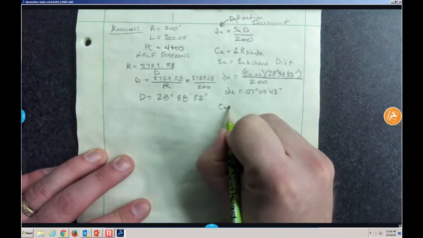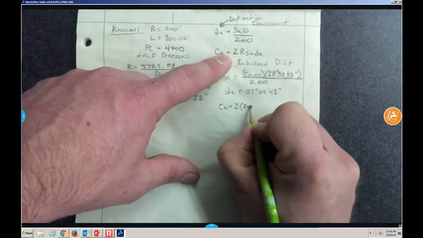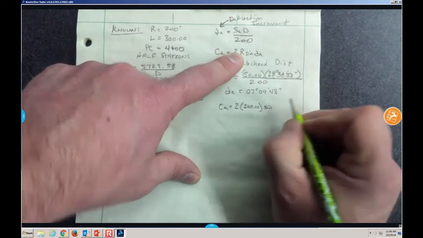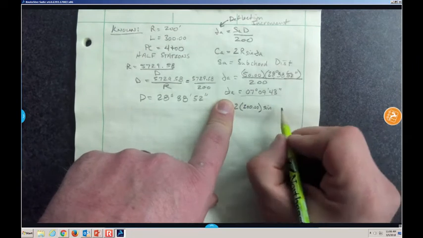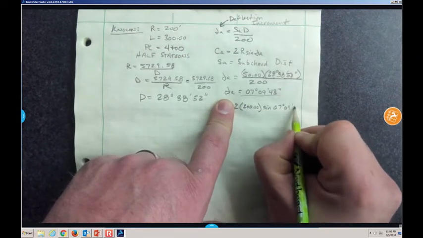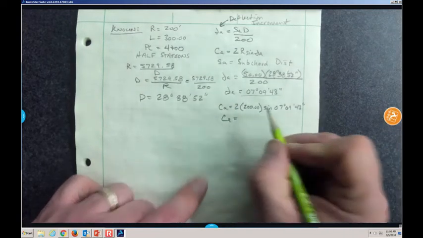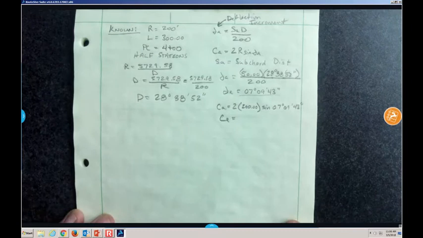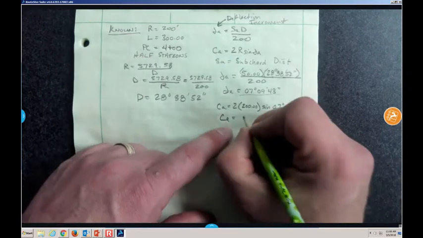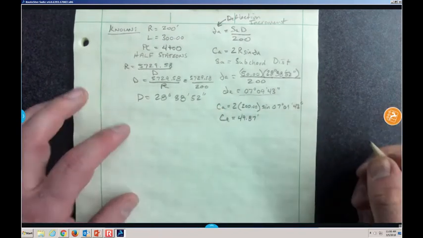So CA equals 2 times R, which was 200, times the sine of this guy that we just figured out. 7 degrees, 9 minutes, 43 seconds. CA is equal to what? 49.87. 49.87 feet. Alright.